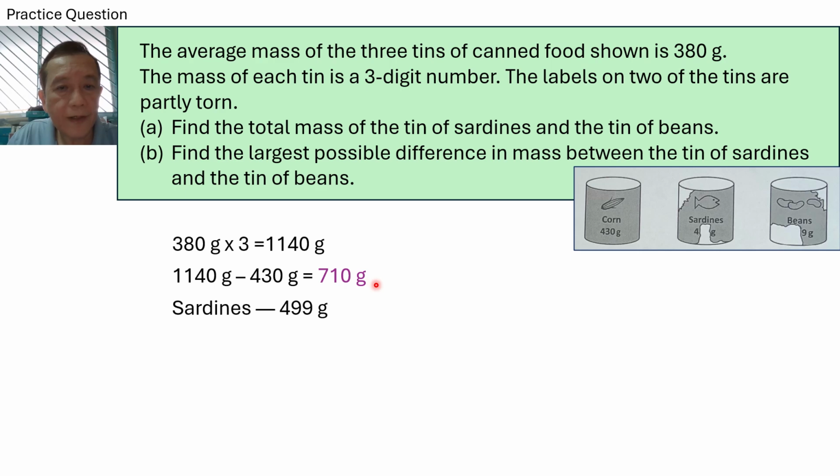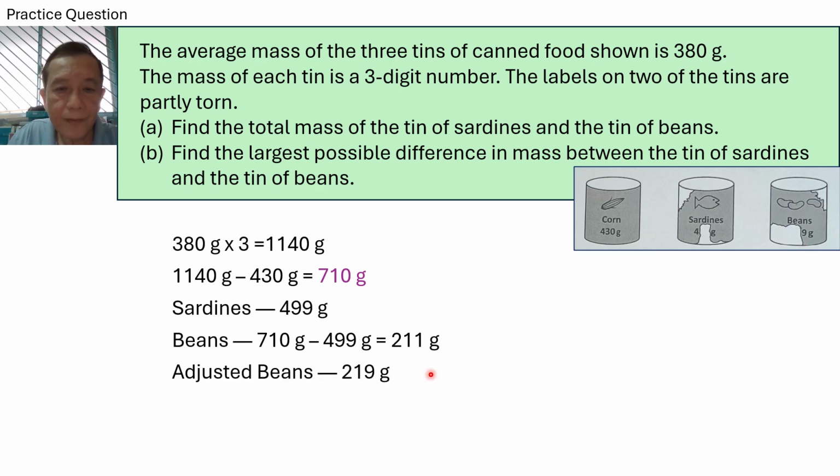Subtract from 710 grams and we have mass of beans, 211 grams. But the last digit is 9, so adjust for the beans, 219 grams.